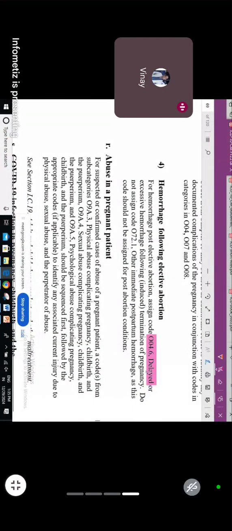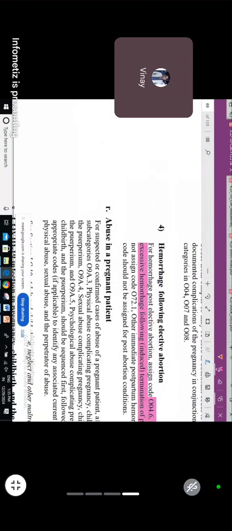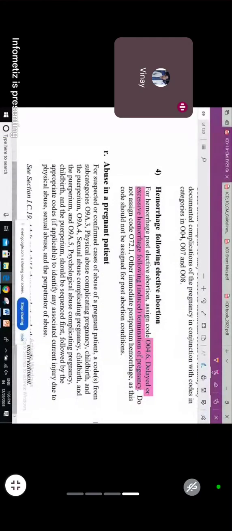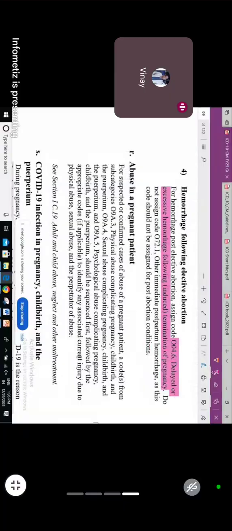O04.6 is a delayed or excessive hemorrhage after induced termination of a pregnancy. So in such a case, you do not code O72.1, which is postpartum hemorrhage. That is not for termination of pregnancy. That is not for abortion. For abortion, O04.6 we have.